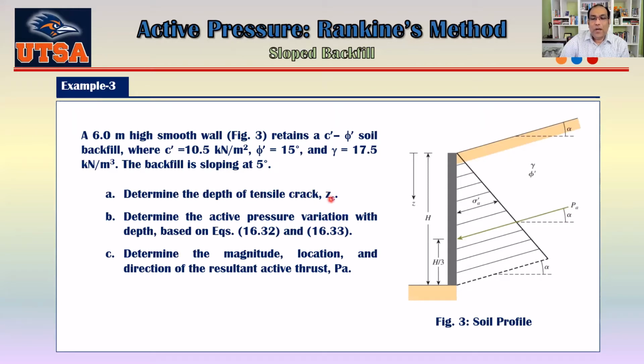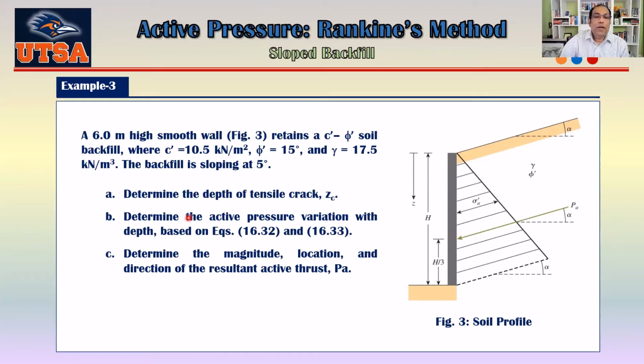So you have to follow the equation 16.34 in your book. I'm going to show that one in the next page. Then also asking determine the active pressure variation with the depth based on equation 16.32 and equation 16.33. And third, it's asking determine the magnitude, location, and direction of the resultant active thrust PA.